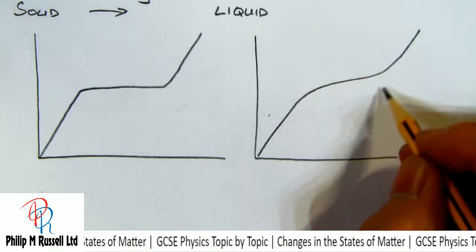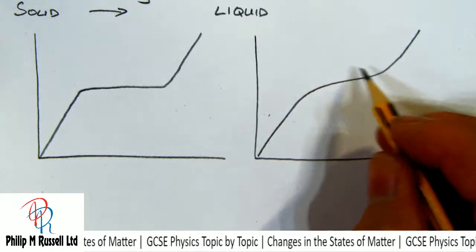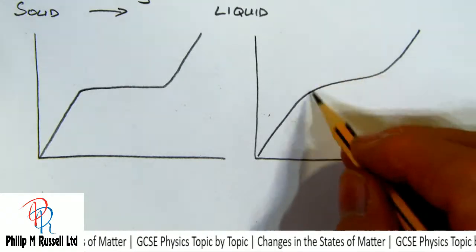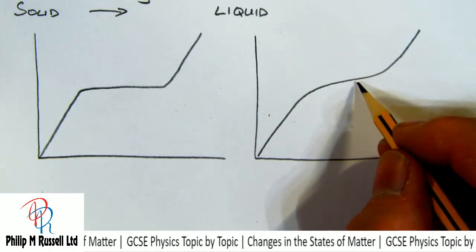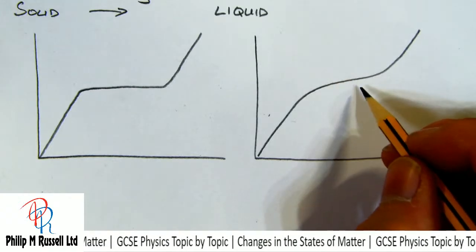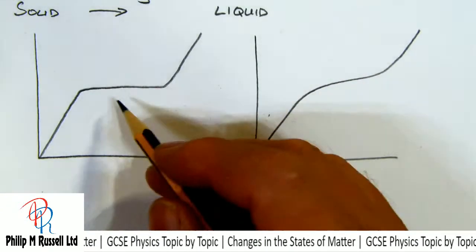And this is a much more gradual change. And the reason that we've got a much more gradual change is largely the amount that we're using and how much we can measure.